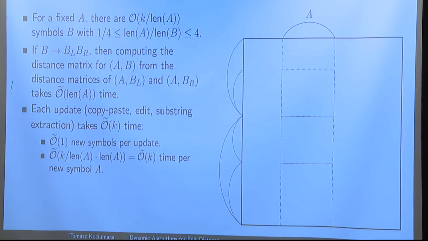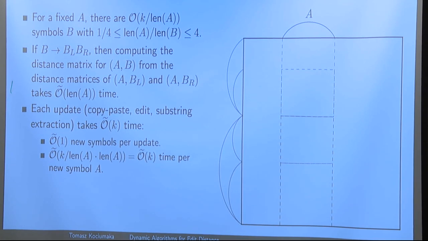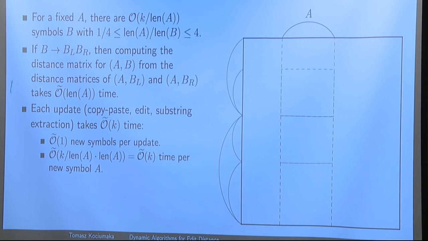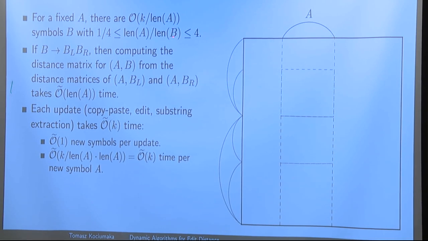So now, whenever we need to make any update, and recall that to transform the distance matrix of one box to the distance matrix of another box, we had to make these copy-paste operations, individual edits, and some kind of subnet extraction operations. For each of them, we get constantly many new symbols in the grammar. And for each of these new symbols, we need to create distance matrices for this new symbol and every symbol present in the other parse tree of roughly the same length.